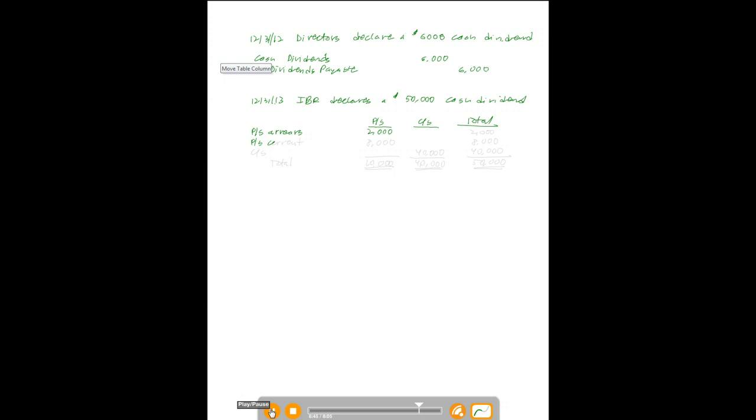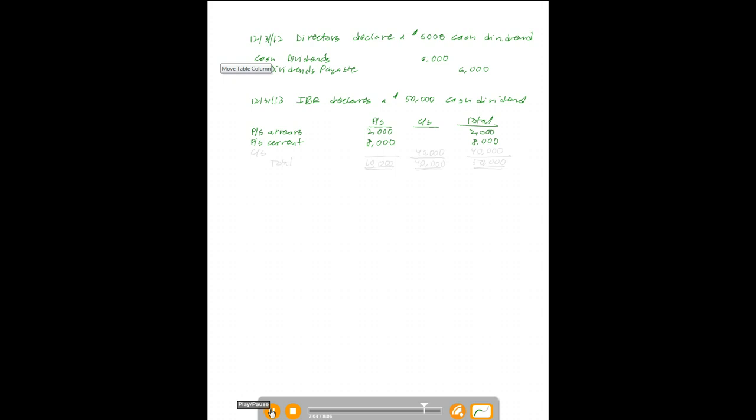And then preferred stock is going to get its current $8,000. Okay, so that right there adds up to 2,000 plus 8,000, so 10,000.